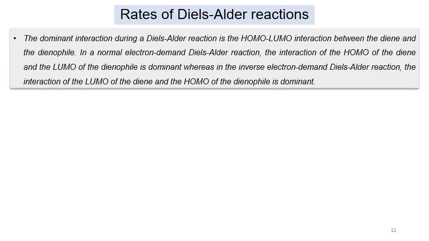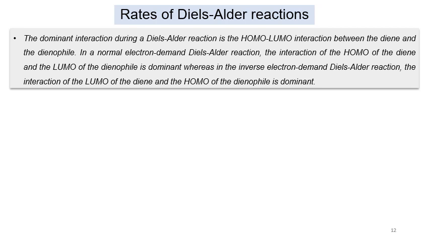Let's look at the rates for Diels Alder reaction and the factors that affect the rate of a Diels Alder transformation. The most important interaction in a Diels Alder reaction is the HOMO-LUMO interaction between the diene and the dienophile.